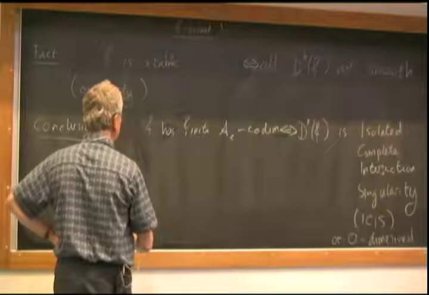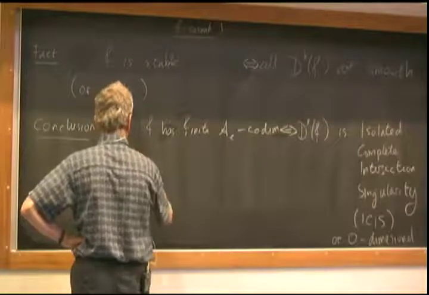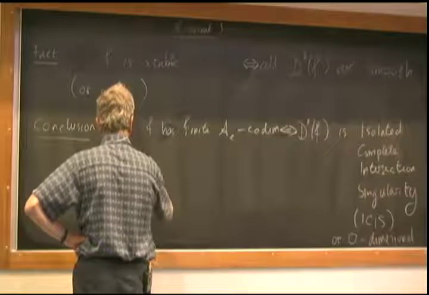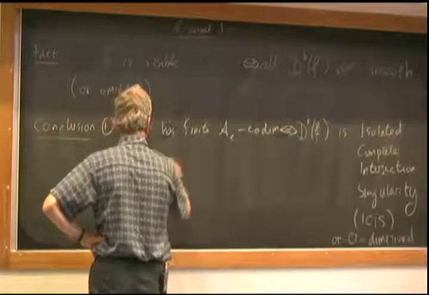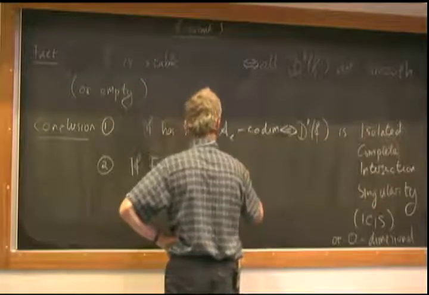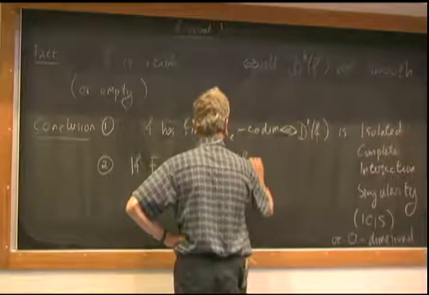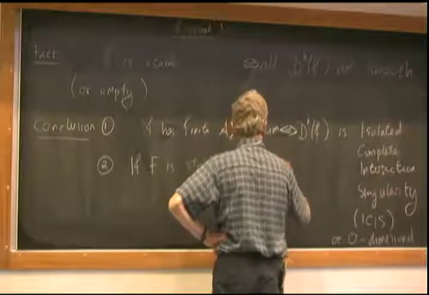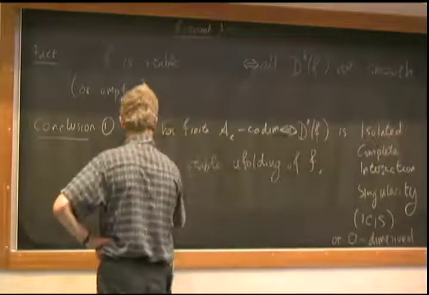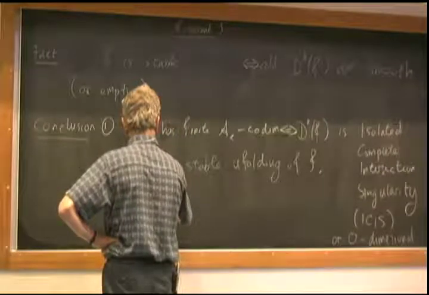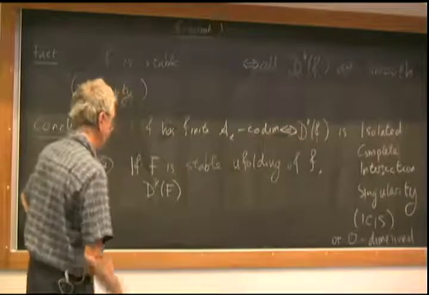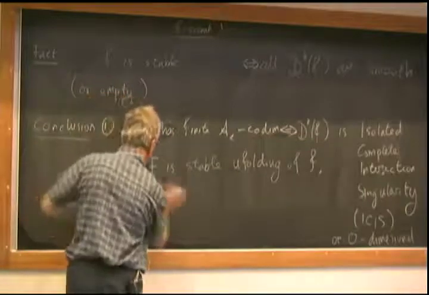The second conclusion is that, let's suppose F is a stable deformation, a stable unfolding of little f, we have this picture, D^k of big F. Actually, I want to just add something.